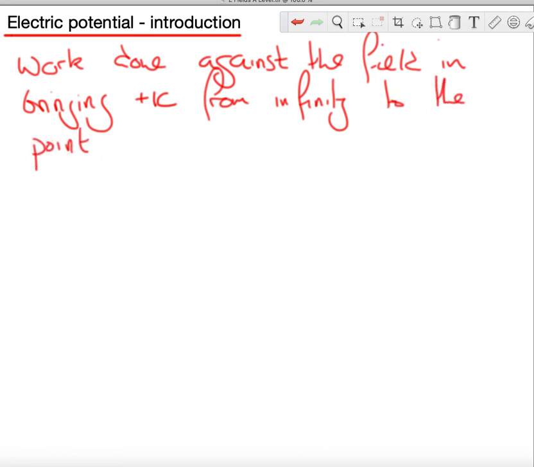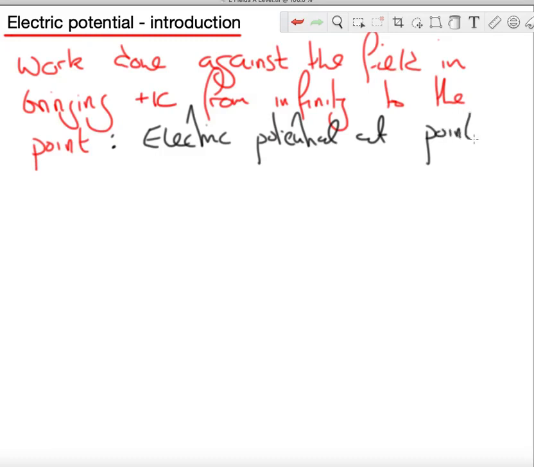That is the electric potential at a point in the field.